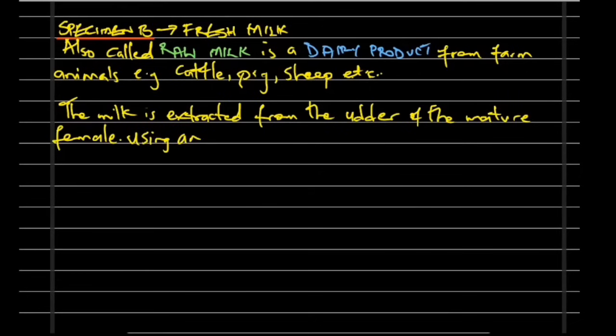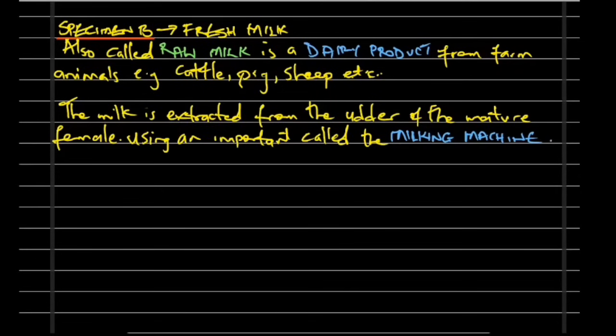The milking machine. That is the name of the instrument that is used in extracting the milk from the udder of the female organism or the female cow.